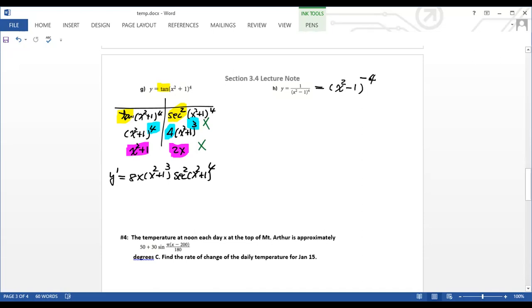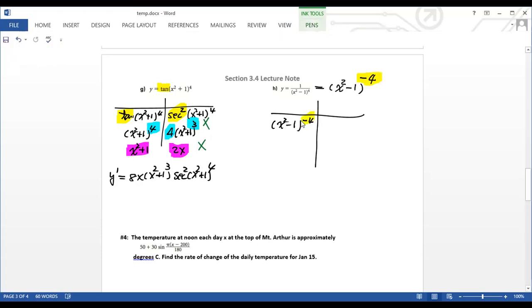You immediately spot your first layer is a power rule. So instead of using the quotient rule, which becomes very complicated, we can do this. So this is x squared minus 1 to the negative 4.